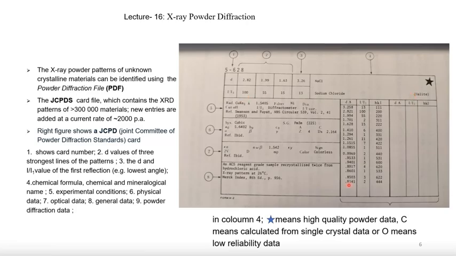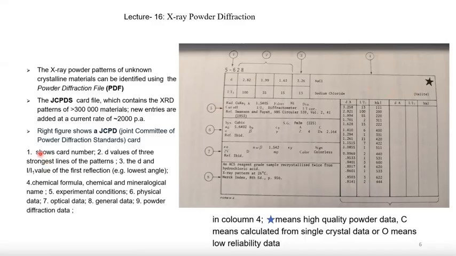It's not a powder pattern. It's a calculated powder pattern from single crystal data. That means we determine the structure by single crystal, and then from the structure parameters we can calculate the data. So if it is C here, you have to remember that it is not powder diffraction data. It's calculated powder diffraction data from single crystal data. And if there is an O here, it means that the data shown here is low reliability data.